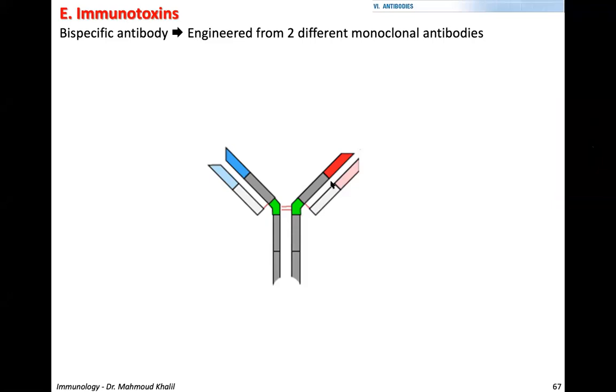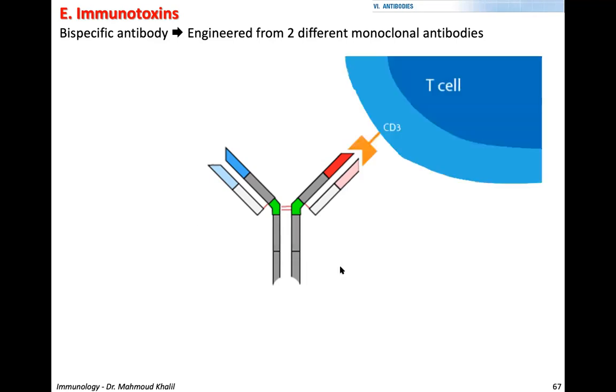They are engineered to identify two different epitopes. So why did they engineer this kind of antibody, still called a bispecific antibody? To enhance the efficiency of the immunotoxins. So you can see how this works.